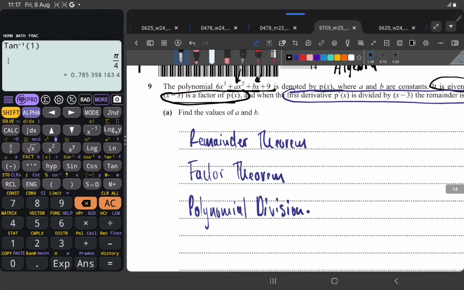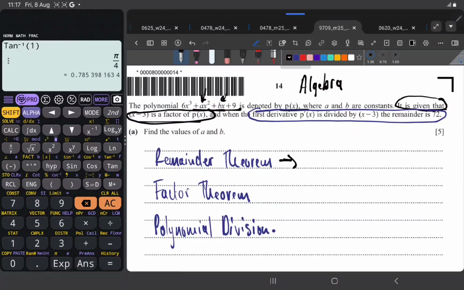Let's talk about remainder theorem real quick, and then we're going to apply it to this one. So what does the remainder theorem tell you? The remainder theorem tells you what the remainder will be in a function when you divide by a certain thing. It is very straightforward, very, very easy.